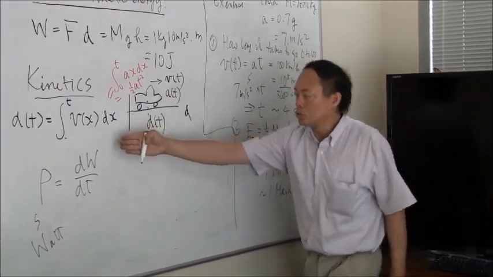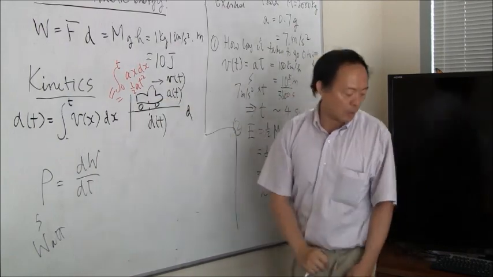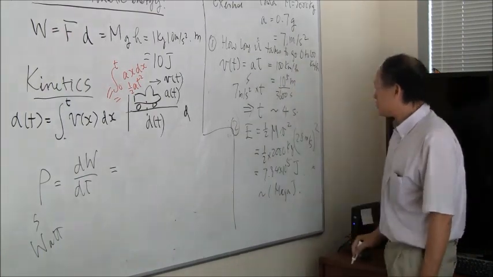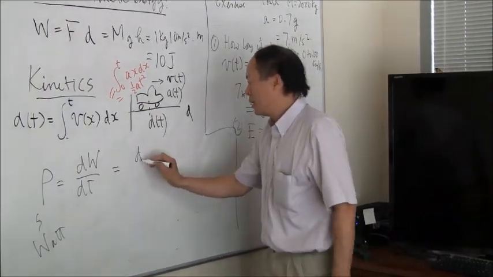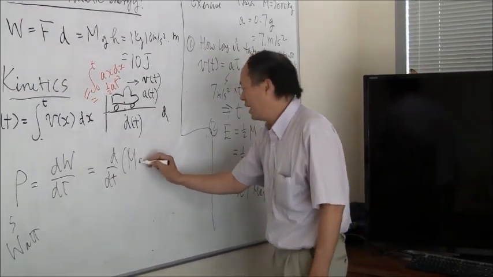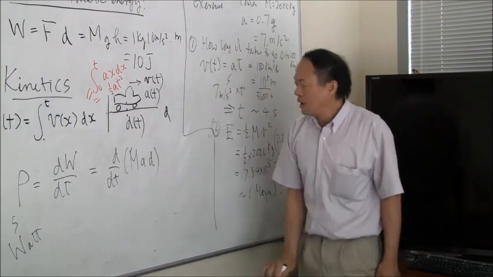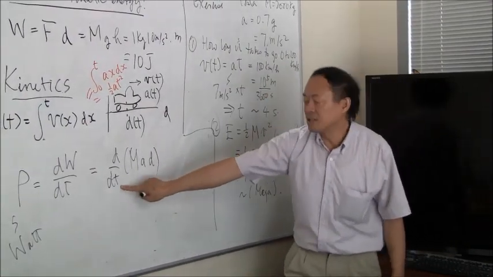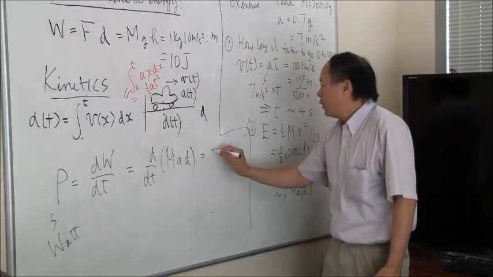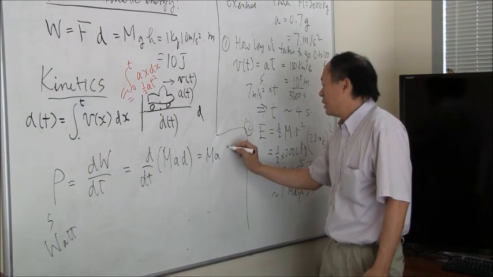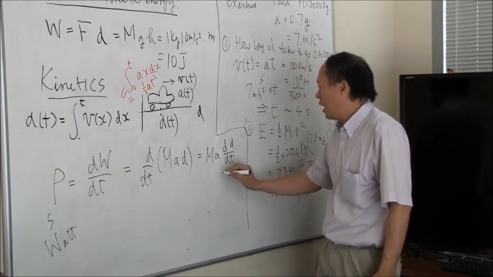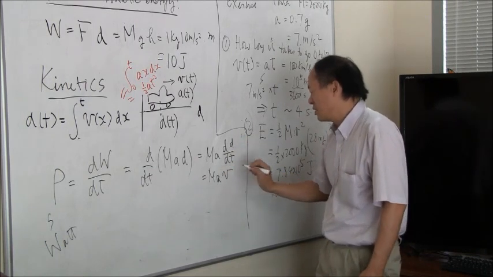Work is joule, and joule per second is a unit of watt. We know that work is equal to m times a times the distance moved. Now given that a is a constant, which in reality it is not, what you have is ma times the derivative of the distance over time, and that's equal to ma times the velocity.